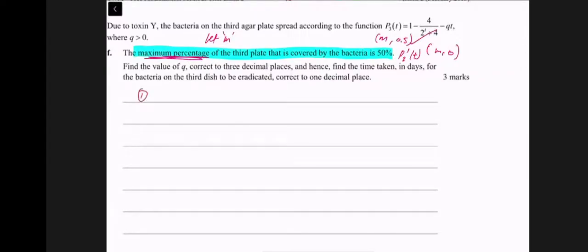So one is P3(M) is 0.5. And the other thing is P dash 3(M) is 0. So then in your CAS, just do these 2 things. I think your CAS gave me P dash T in a relatively nice form.